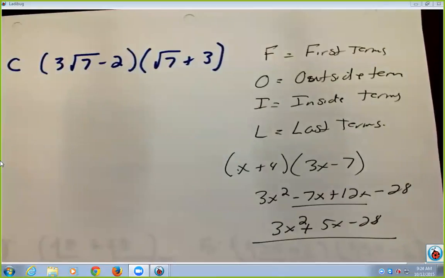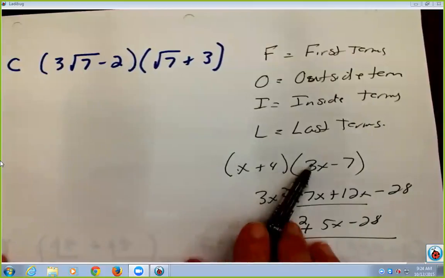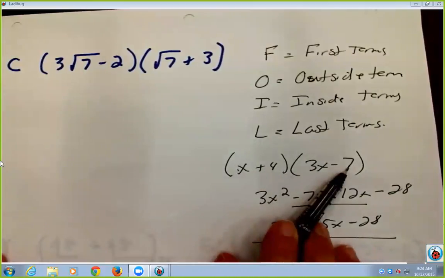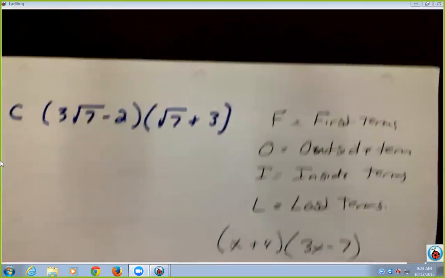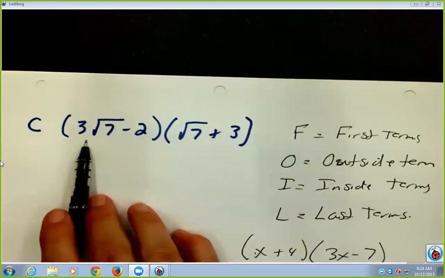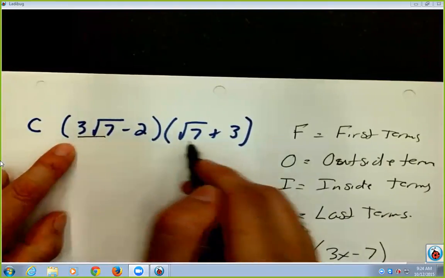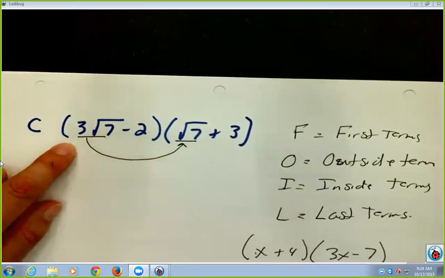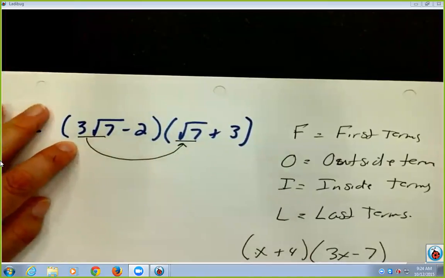So when we do general run-of-the-mill foiling, we're just, again, multiplying first terms, outside terms, inside terms, and then finally the last terms. When you get into radicals, they are pretty much the same. It's just that we have to be careful with what we end up with and what we multiply together. So when I do this first piece, first term times first term, what do I get out of it?